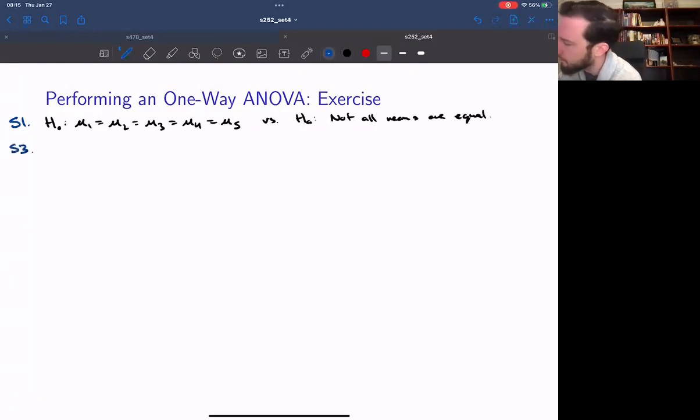Okay. Step 2: we're running this test at the 10% significance level. All right. Okay, so on step 3, we have to compute our test statistic. So we can construct an ANOVA table.